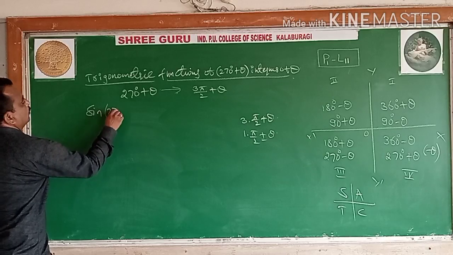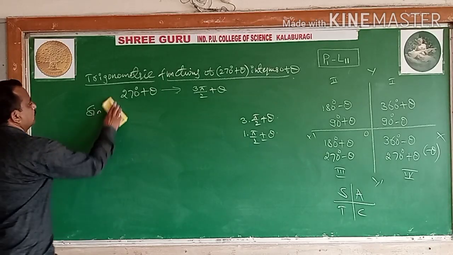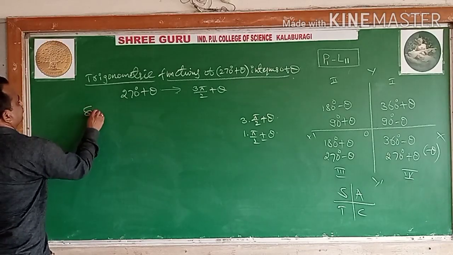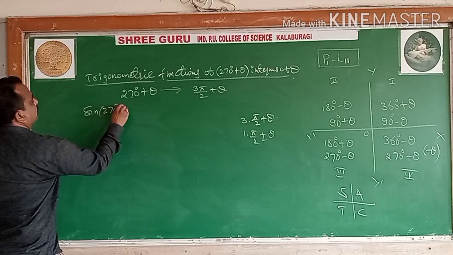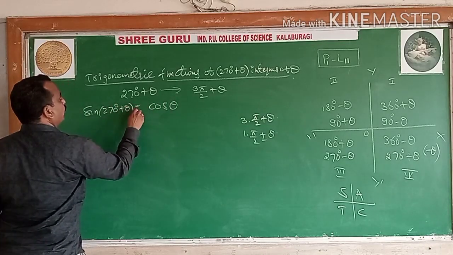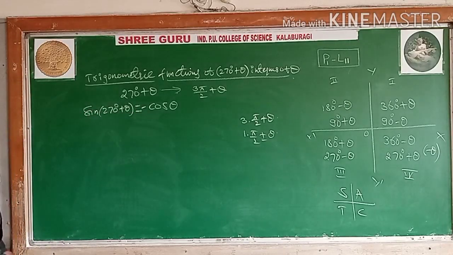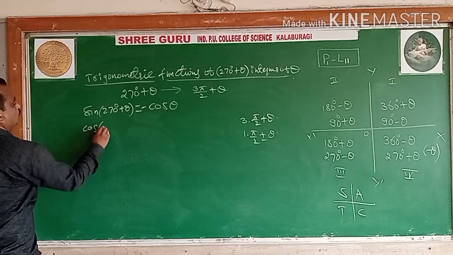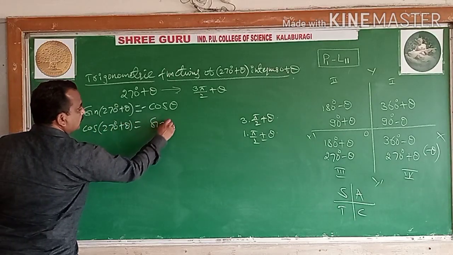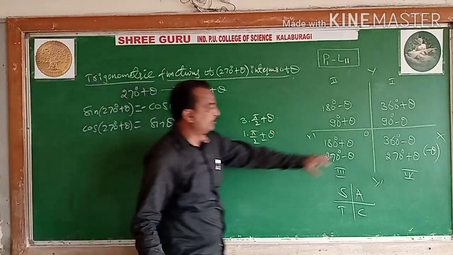So sine of 270 degree plus theta changes to cos theta. Which quadrant is it? Fourth quadrant. In the fourth quadrant, is sine positive or negative? Negative. Cos 270 plus theta changes to sine theta, changed by its cofunction. Is cos positive or negative in the fourth quadrant?